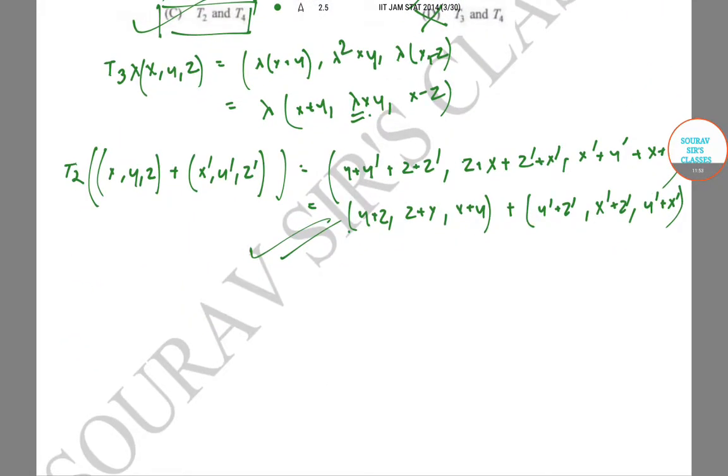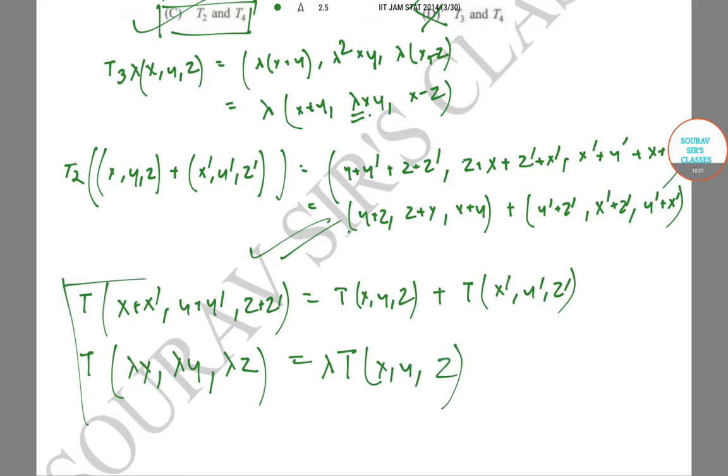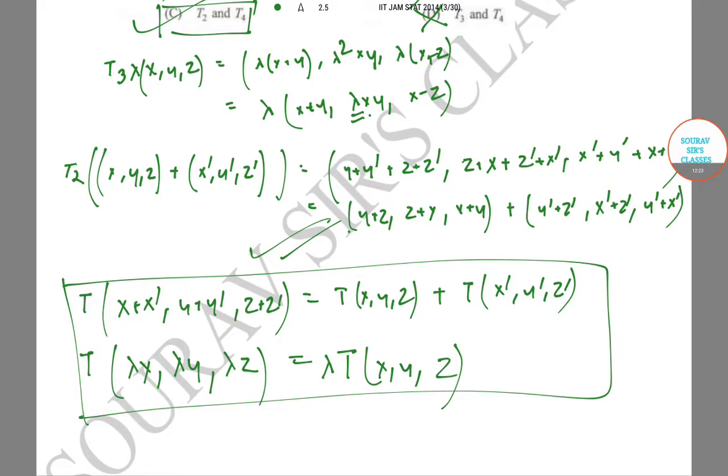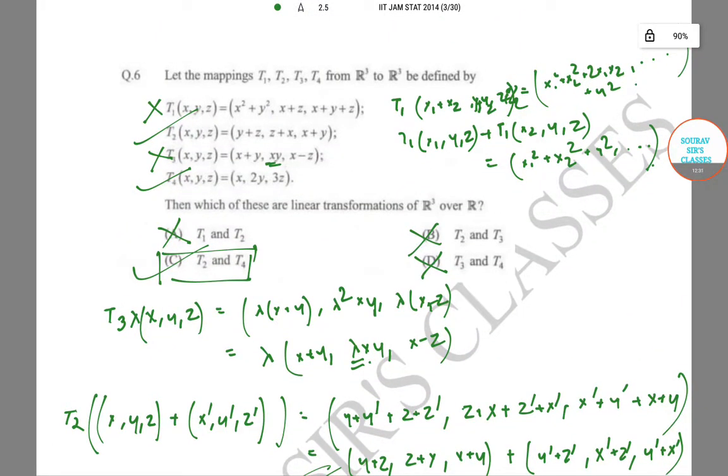A linear map from R3 would mean T of x plus x prime, y plus y prime, z plus z prime is equal to T of x, y, z plus T of x prime, y prime, z prime, and T of lambda x, lambda y, lambda z equals lambda T of x, y, z. These are the conditions that it has to satisfy, which means that it's a linear map. Now we have checked that it has to be T2 and T4, and we are done with this problem.